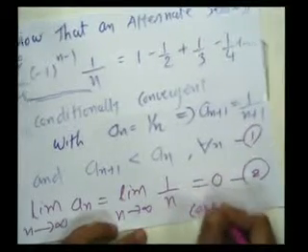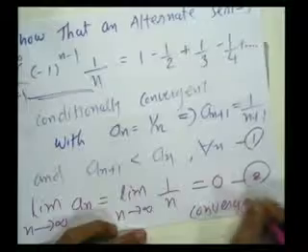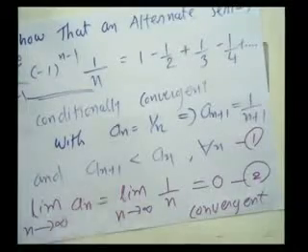This series is convergent by the Leibniz test, but in this example we need to prove that this series is conditionally convergent. So now we need to prove that the absolute series for the given series is divergent.